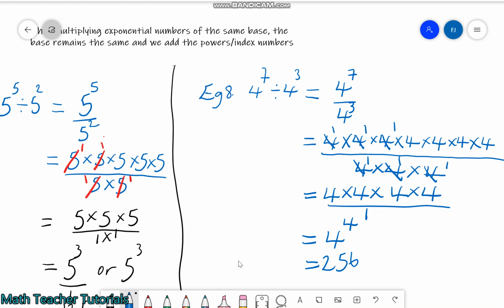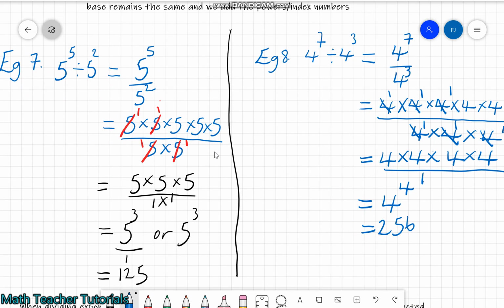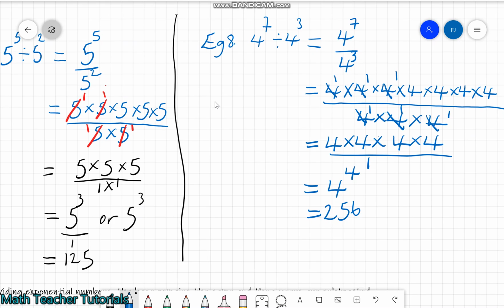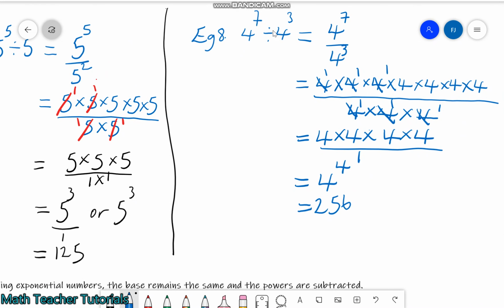Here we will notice that when we solved 5 to the 5th power divided by 5 squared, we got 5 cubed. The base remained the same. However, we can see that 5 minus 2 would give 3. Here we had 4 to the 7th power divided by 4 cubed to give 4 to the 4th power.